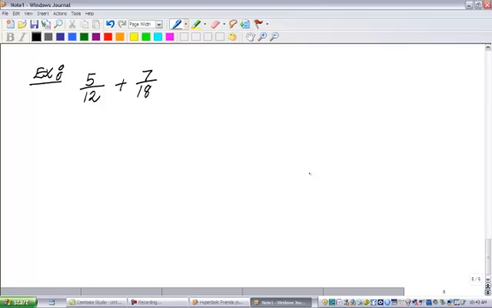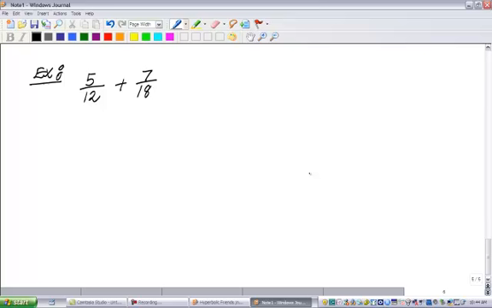I want to add them. The idea is that I want to convert the fractions into equivalent fractions with the same denominator, right? And then add them. Now, what is one way of doing this?